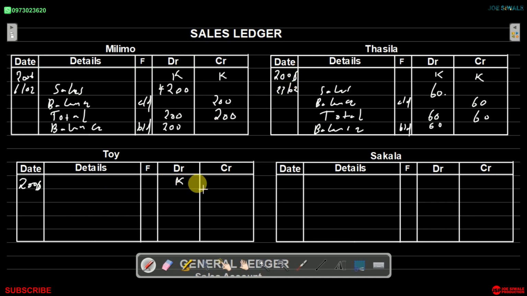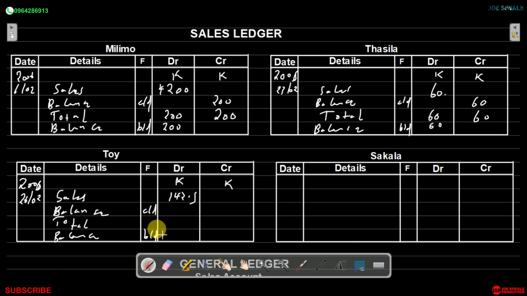Then this transaction occurred on the 26th of February. So we're going to say sales, and we're going to debit it with that amount. So the amount that is showing in the sales daybook, that's the amount that you put in the personal accounts, and the amount we have is 142.5. We're going to find our balance carried down, balance brought down, and our total.